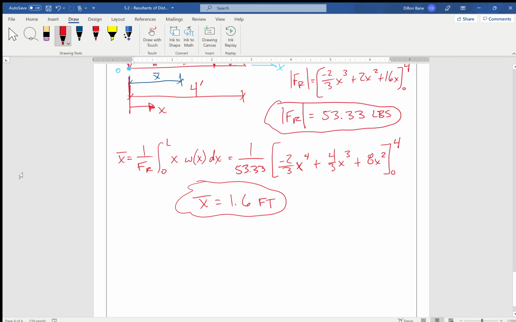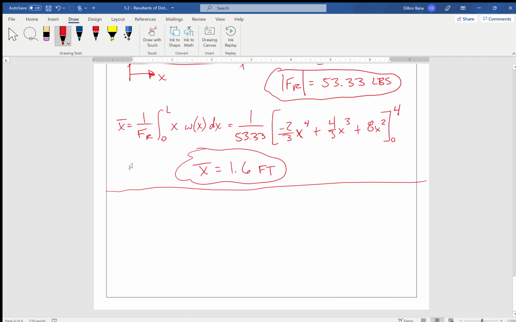So if we know W of x, this will be part 2 down here. So W of x was negative 2x squared plus 4x plus 16.